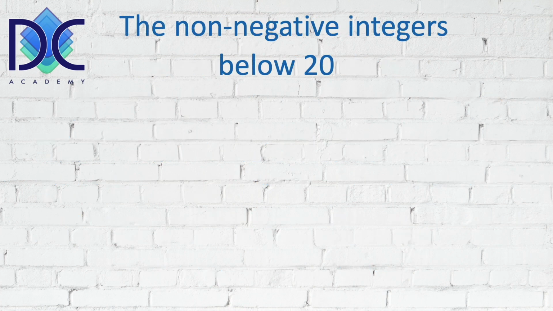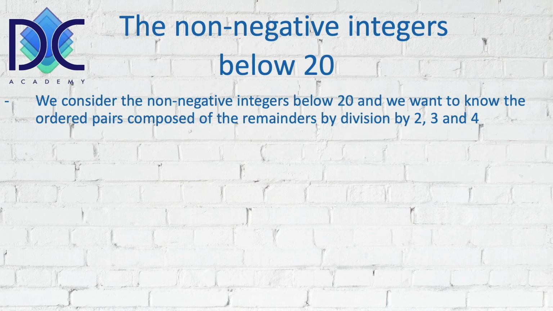Let's look at non-negative integers below 20, and find the ordered tuples composed of the remainders upon division by 2, 3, and 4.